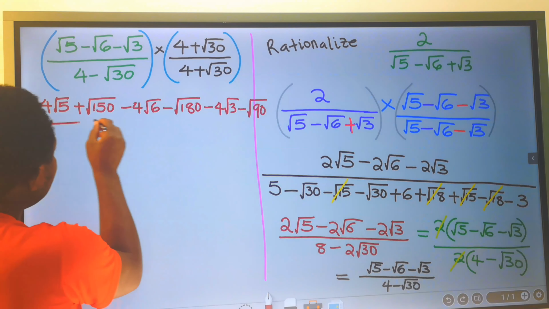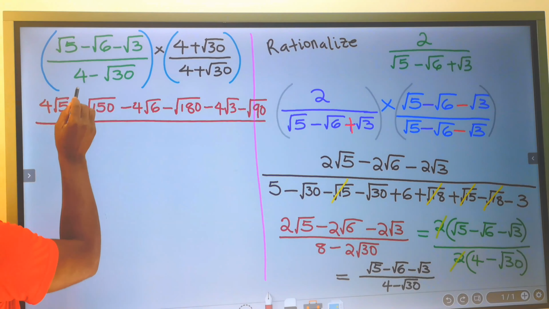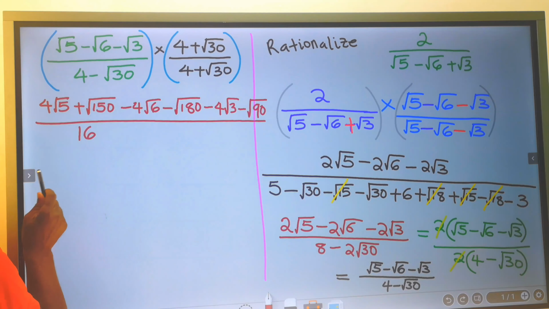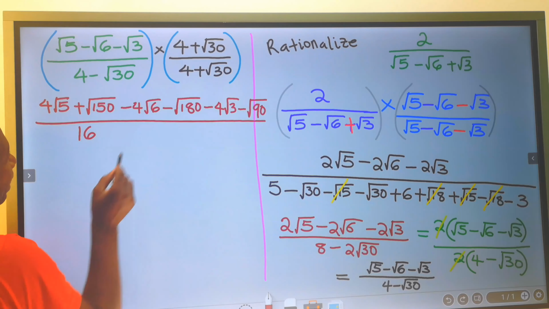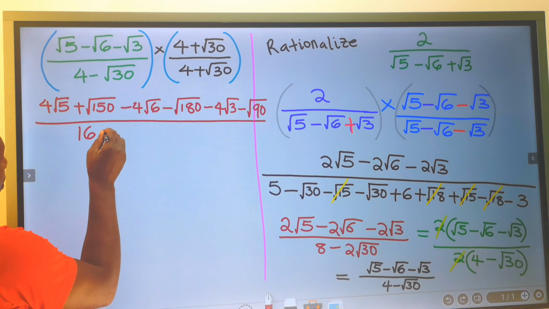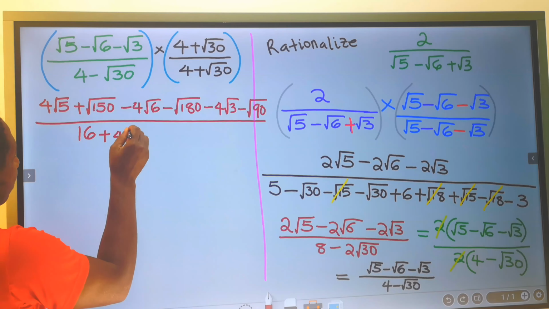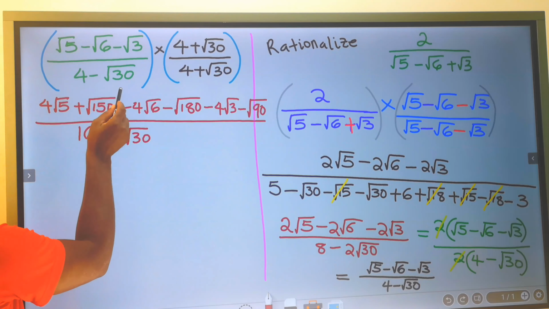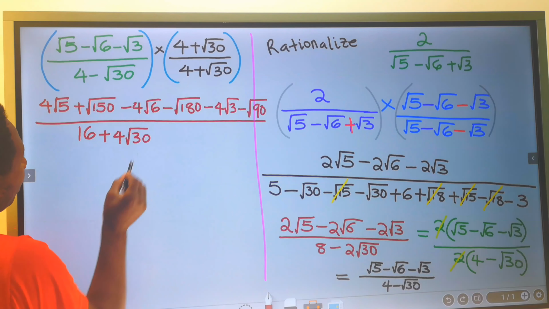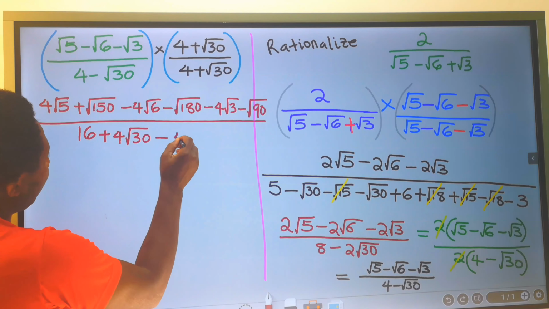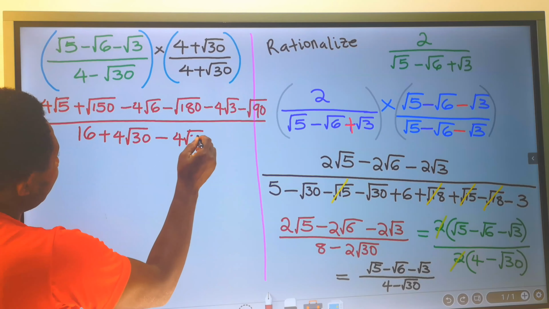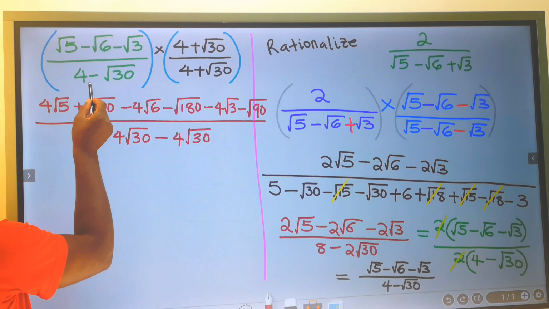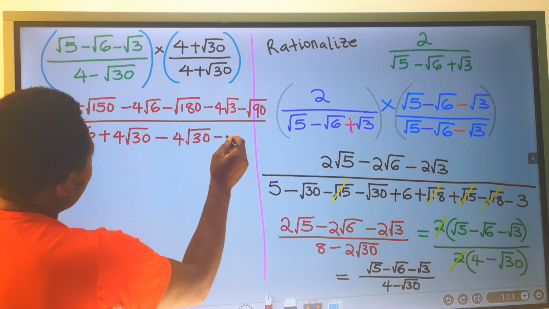At the denominator, we're going to have 4 times 4 is 16. Next, 4 will multiply by the square root of 30. We're going to have plus 4 times the square root of 30. Next, minus the square root of 30 will multiply by 4. We'll have minus 4 multiplied by the square root of 30. Next, minus times plus is a minus.